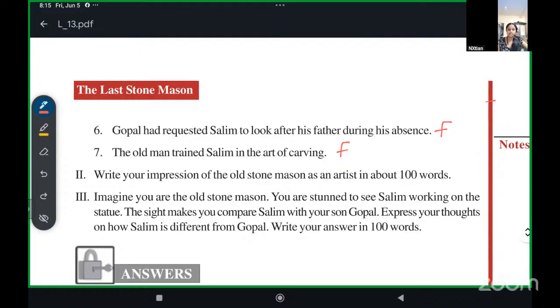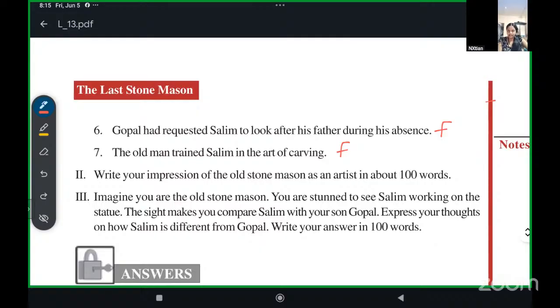Like this art was passed from generation to generation, so he had quite a good impression among the village or the local society.